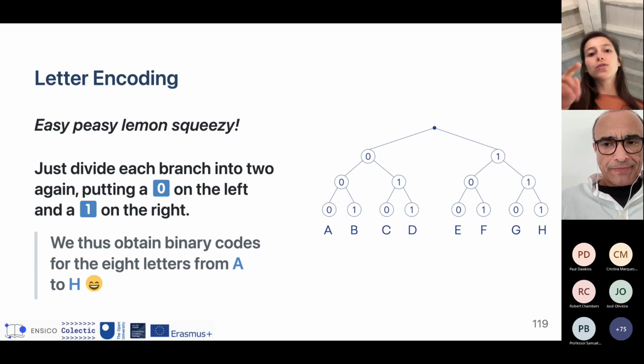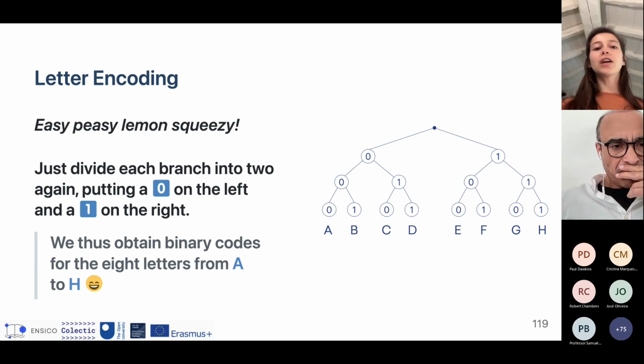Then we moved on to 4 letters with 2 bits, and now we have 8 letters with 3 bits. So each time that we extend our tree, the number of letters we can represent doubles, so we multiply that number by 2.